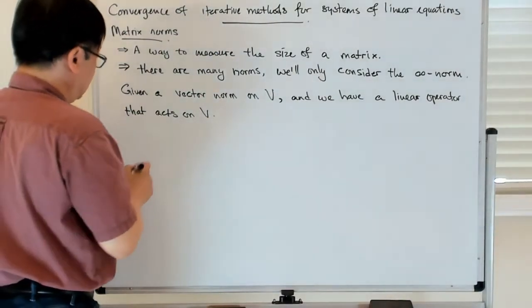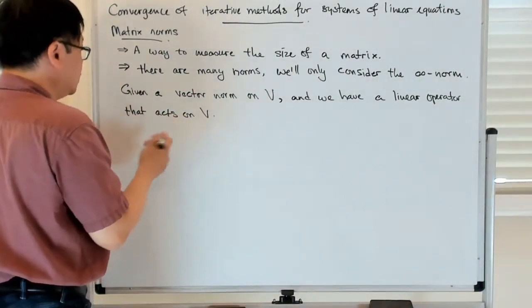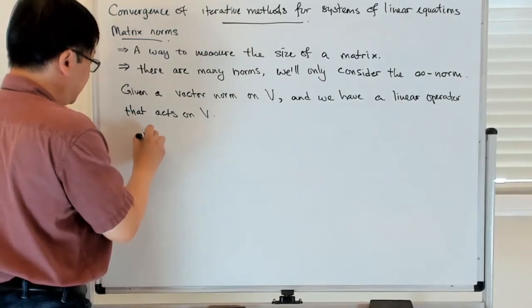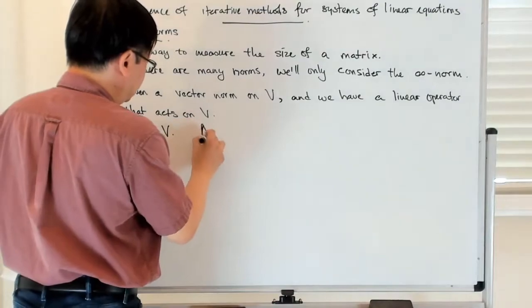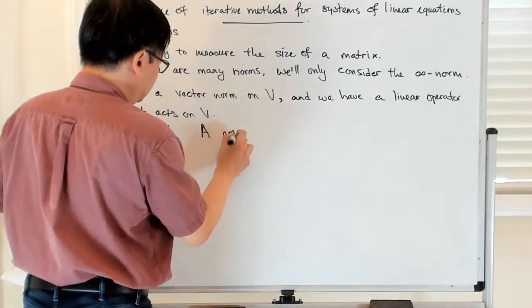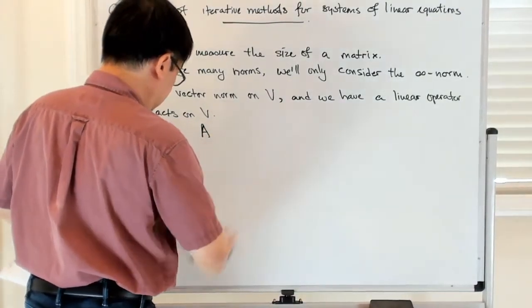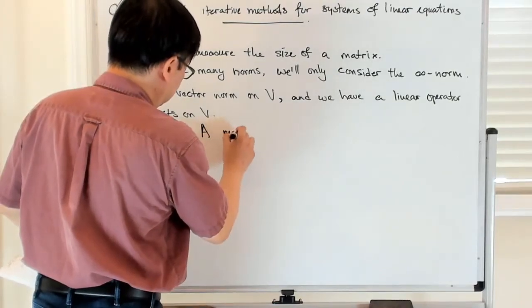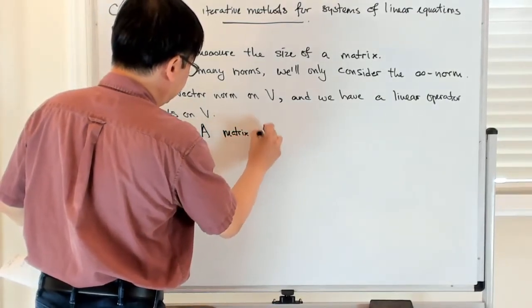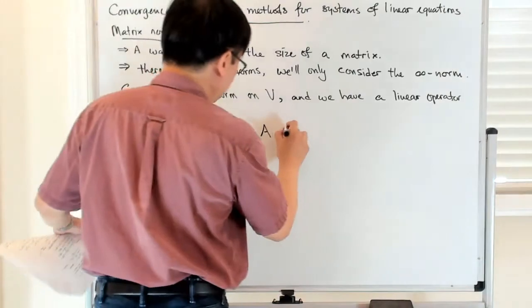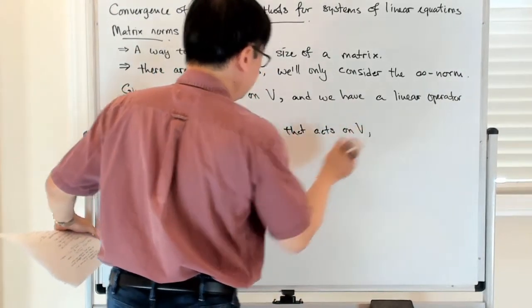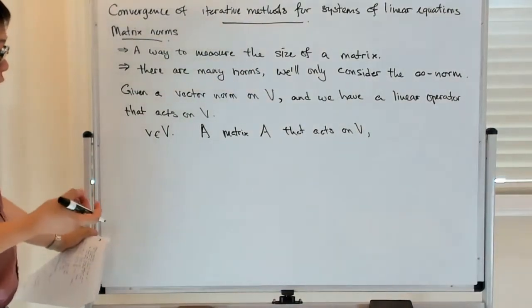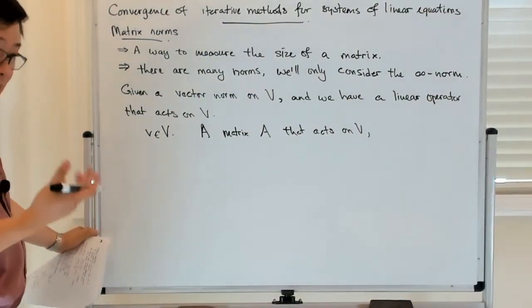Okay, so again, let's say we have V in this vector space V, and I have a matrix A that acts on V. How do I measure the size of A given a way of measuring the size of vectors?